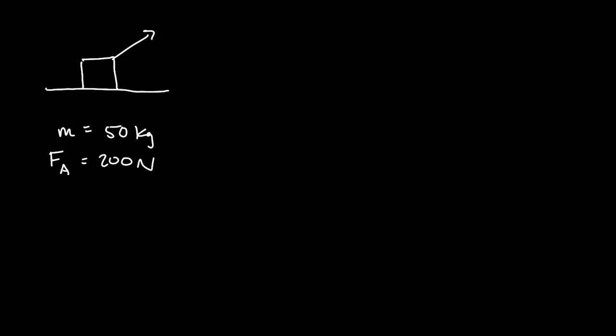And we're told that it is not moving. What we're looking for is the frictional force, which is the static friction, and we're also looking for the normal force. What is the normal force?